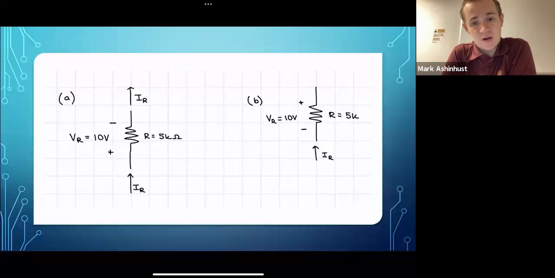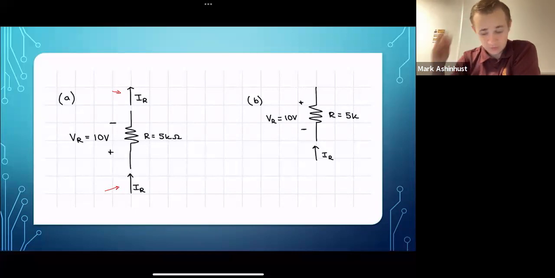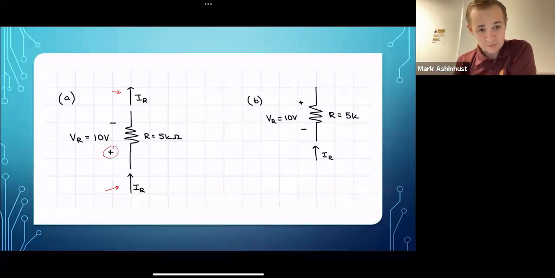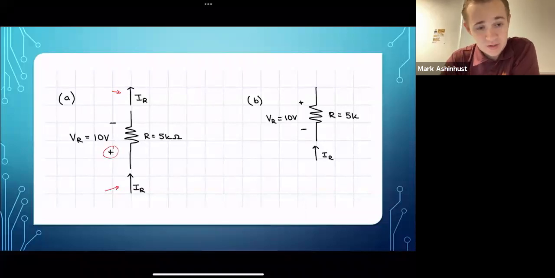So this current IR, I wrote it twice just so you might be able to see it. I wrote it here, and I also wrote it here, and it goes through the same direction, doesn't change. It's going into the positive.